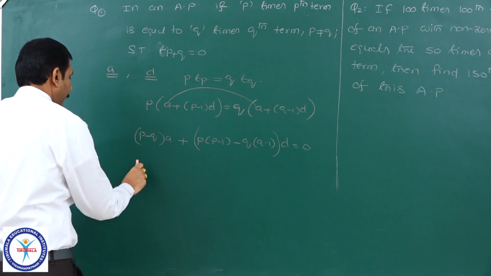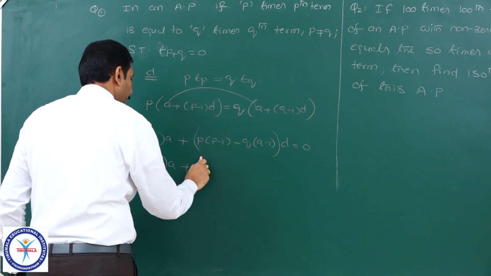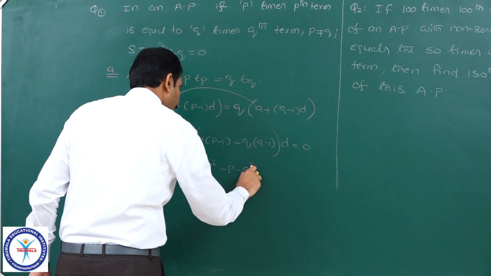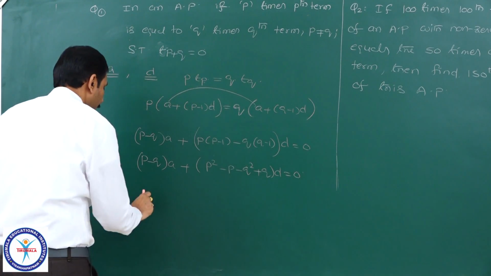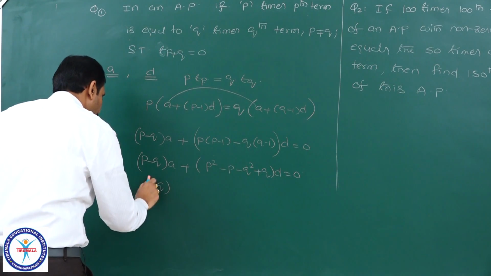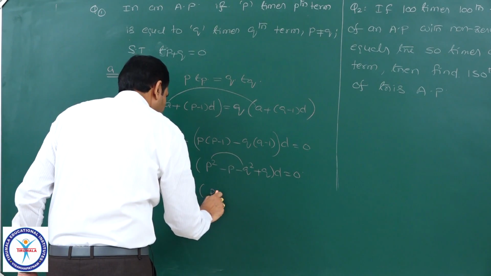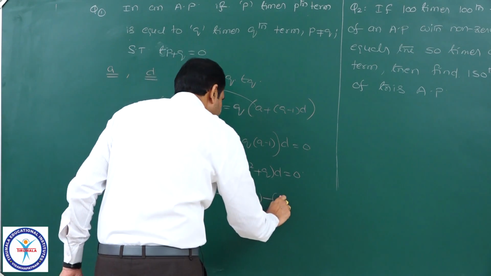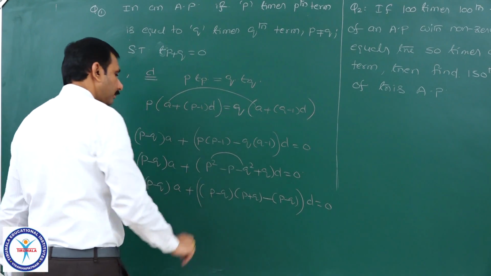Now, let me simplify this. p minus q into a plus, it is p square minus p minus q square plus q, into d equal to 0. It is p minus q into a plus, it is p square minus q square, you will get p minus q into p plus q, minus of p minus q into d equal to 0.